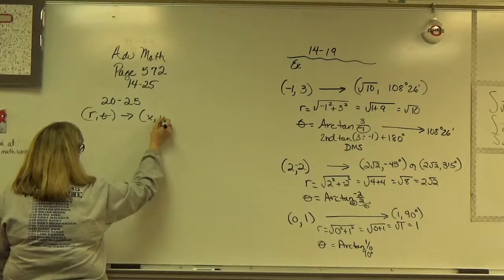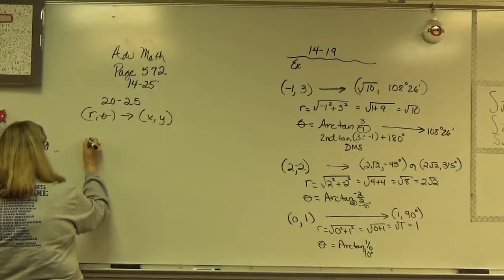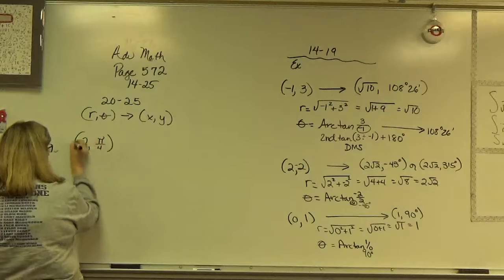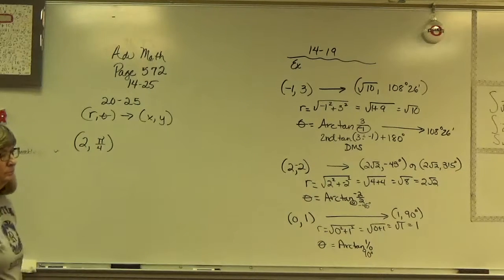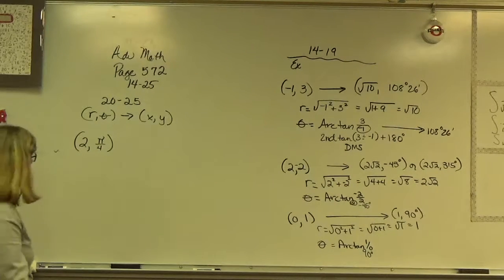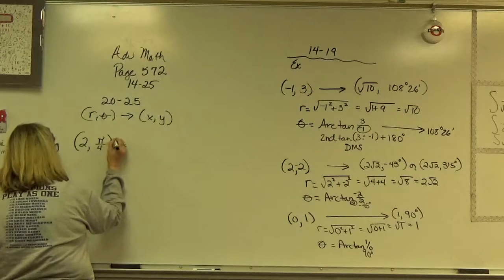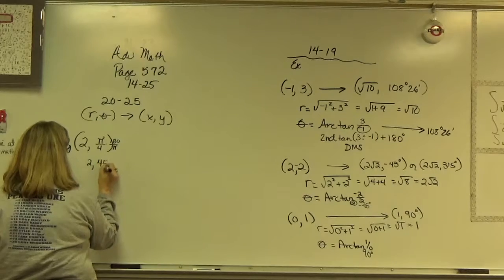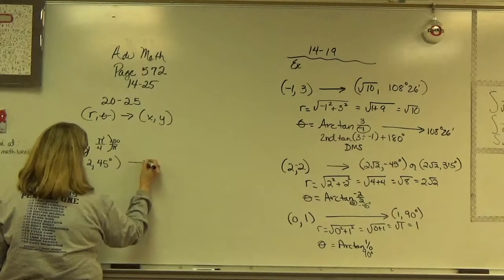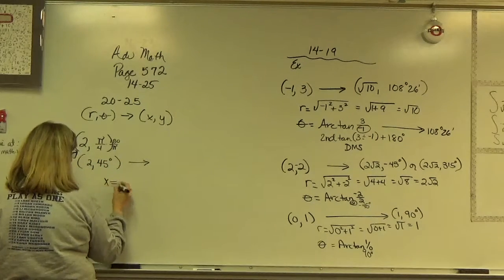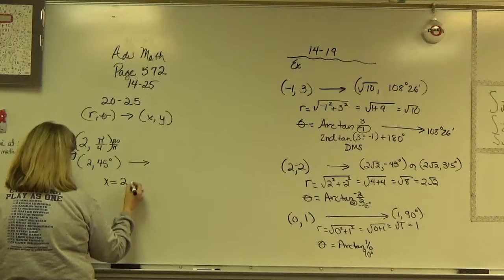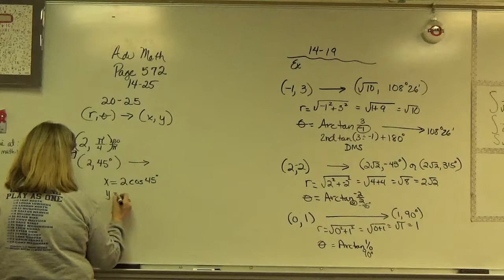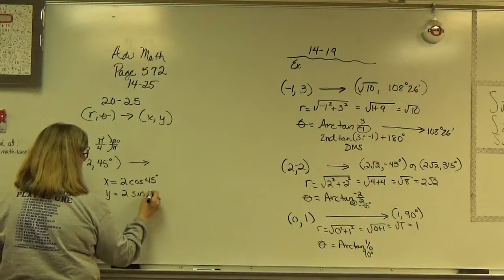to x comma y. So let's say that I have 2 and pi over 4. Pi over 4 changes to what? 45 degrees. So x becomes r times the cosine of 45, and y becomes r times the sine of 45.